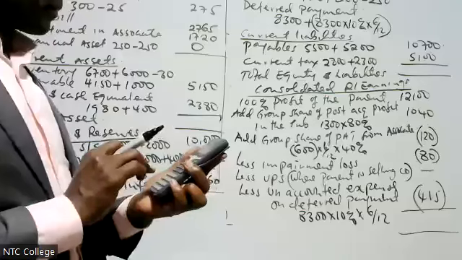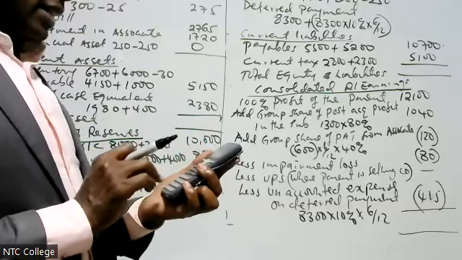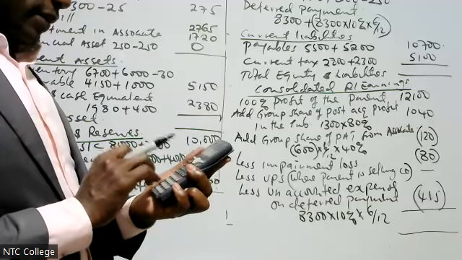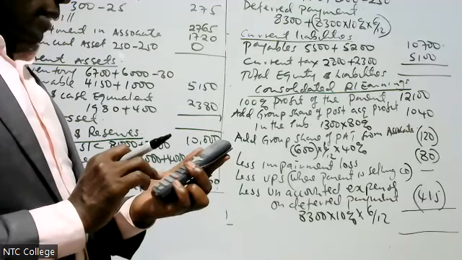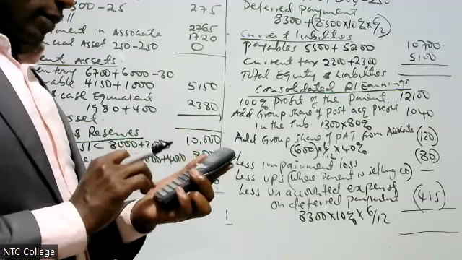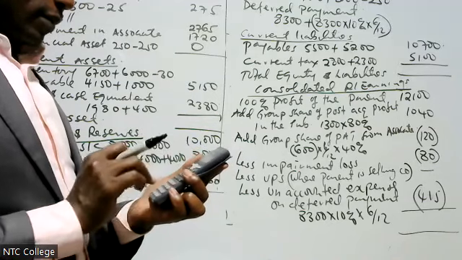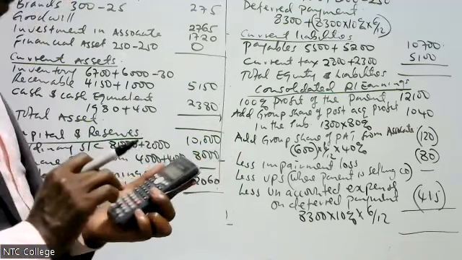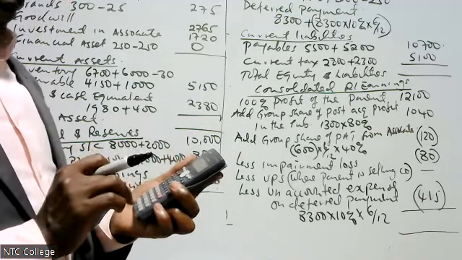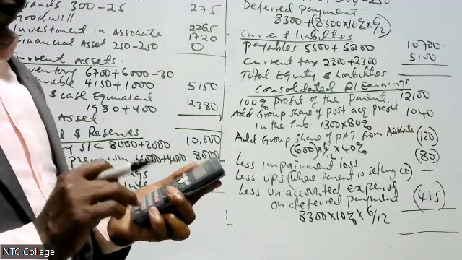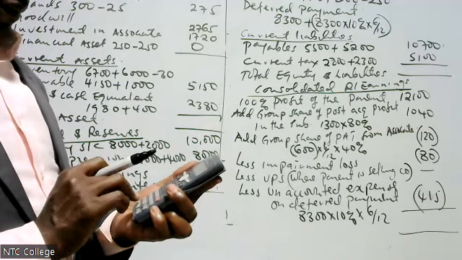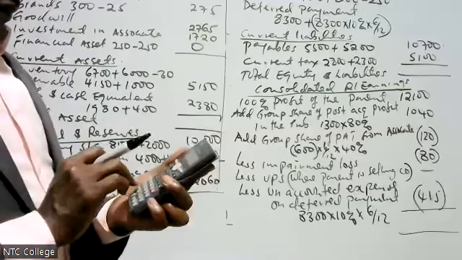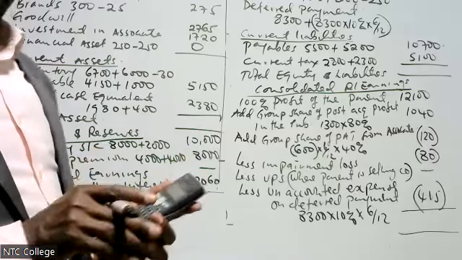Let me repeat again. 12,100 plus 1040 minus... I get 12,525.